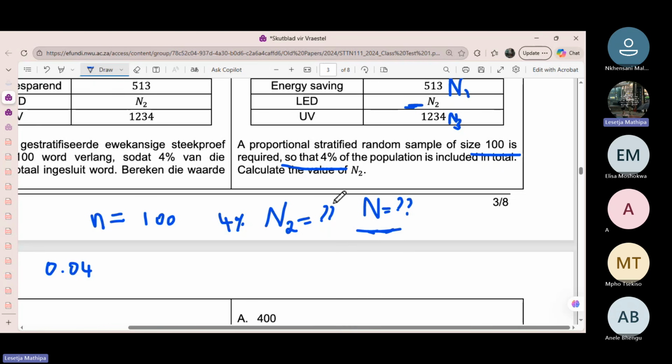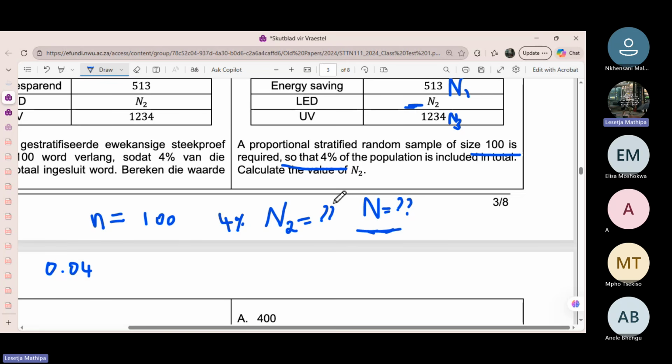Remember, statistics is about analyzing the data. When you analyze the data, we see that I'm given 100. That 100 is a sample, and that sample comes from the population.